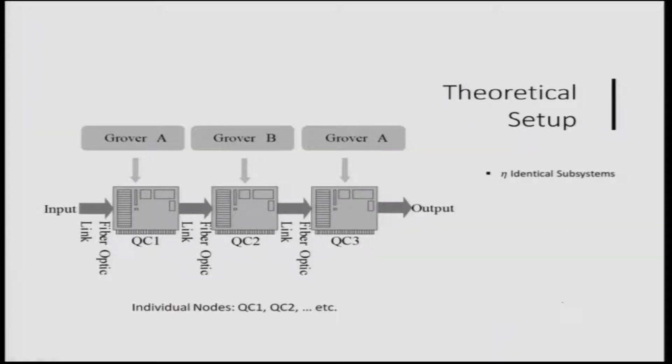So, here is the principle where eta identical subsets have been set up, and the interaction of these subsets, which are quantum computing nodes, are being connected through optical fiber links, because the information content or the points of interactions with them can be done through optical connects.